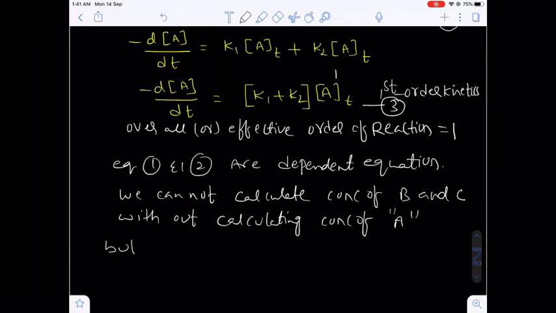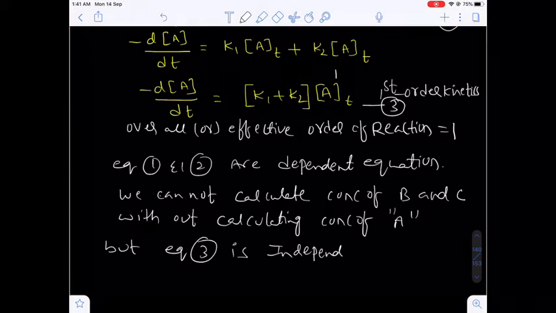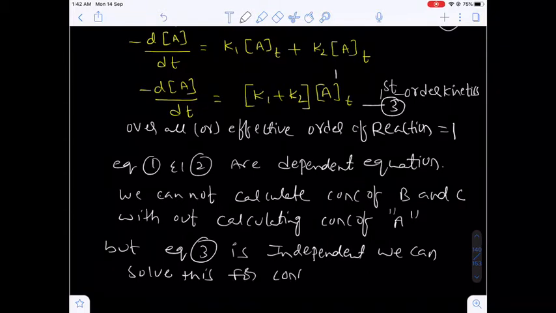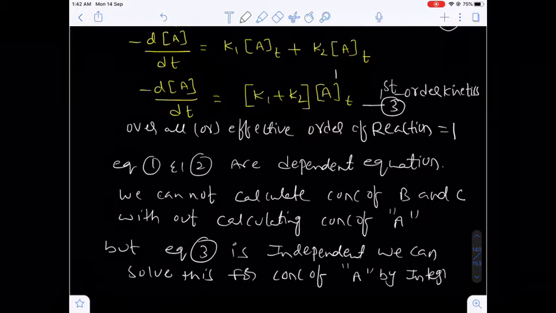But if you see equation 3, it is independent. We can solve this for the concentration of reactant A by doing integration. By doing what? Integration. Are you getting my point?